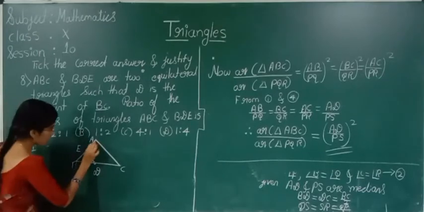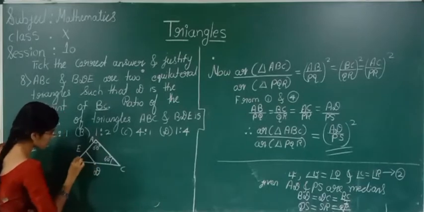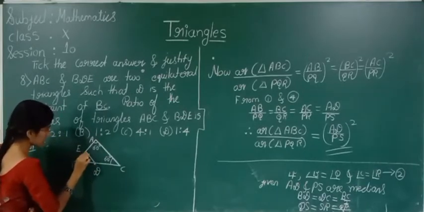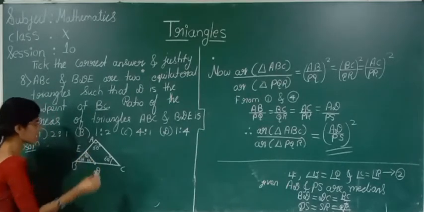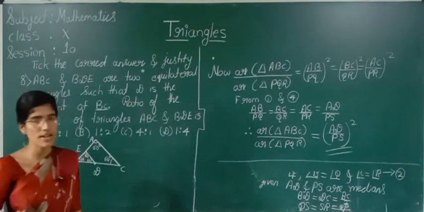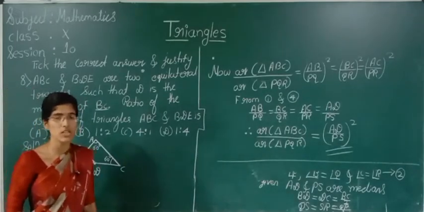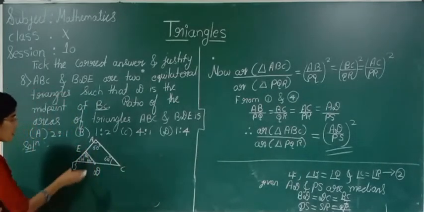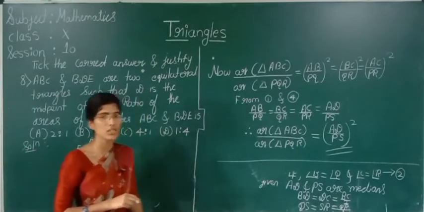See here, all angles will be 60 degrees, no? All angles are equal, that is 60 degrees, and here also it will be 60 degrees. Now we know that in the starting class I told that all equilateral triangles are similar to each other. Yes, all equilateral triangles are similar to each other.